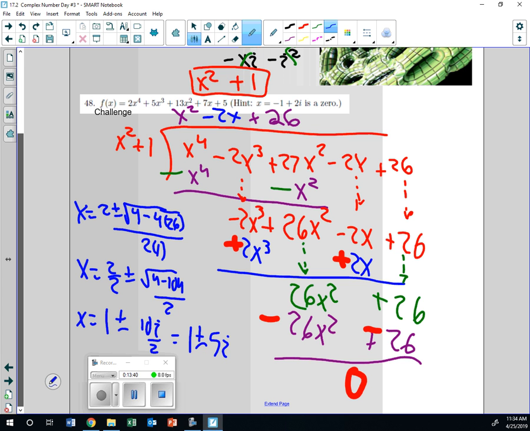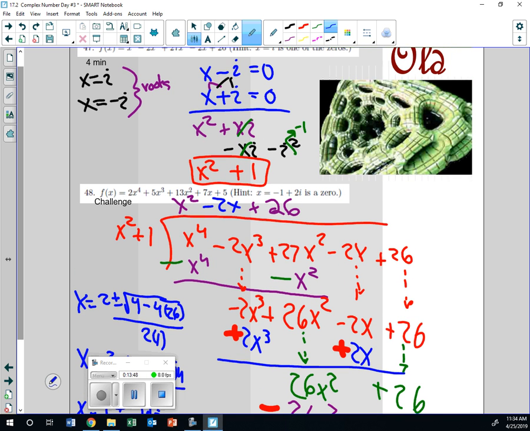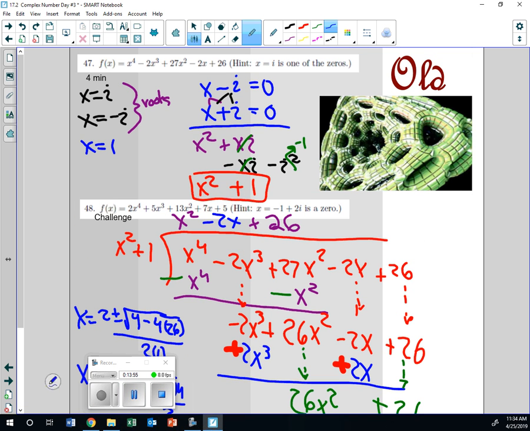So now we have roots. You have these two roots, x equal to i, x equal to negative i, and you have x equal to 1 plus 5i and 1 minus 5i.